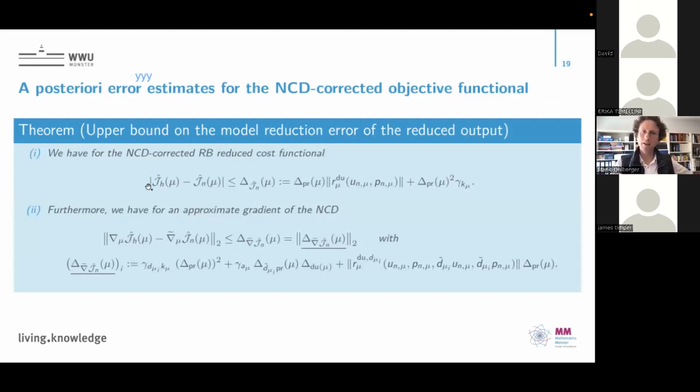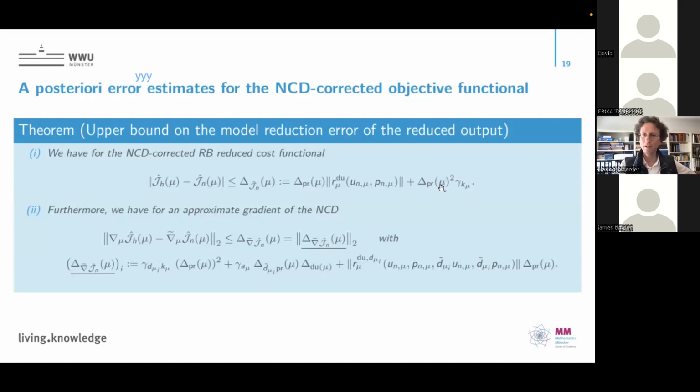So the first one is the a posteriori error estimate that you get for the objective functional itself. And this is the reduced basis objective functional compared with the high order, full order model objective functional. And you see that here you now have perfectly these quadratic terms. So this is the a posteriori error estimate of the primal equation. This is an evaluation of the dual residual.